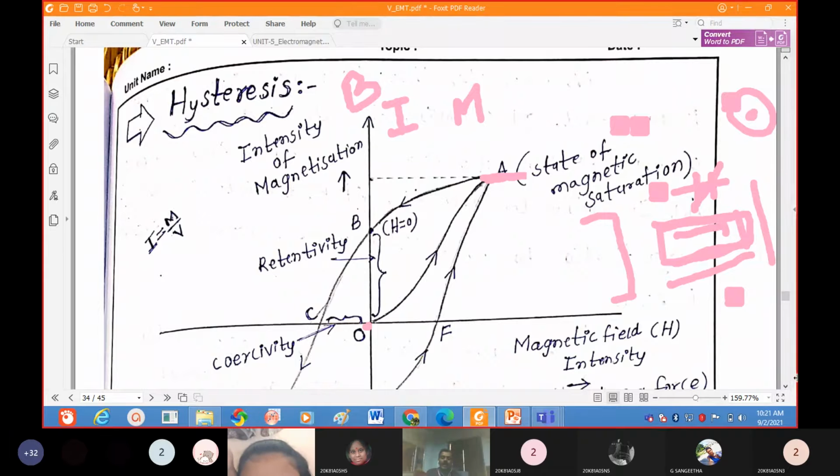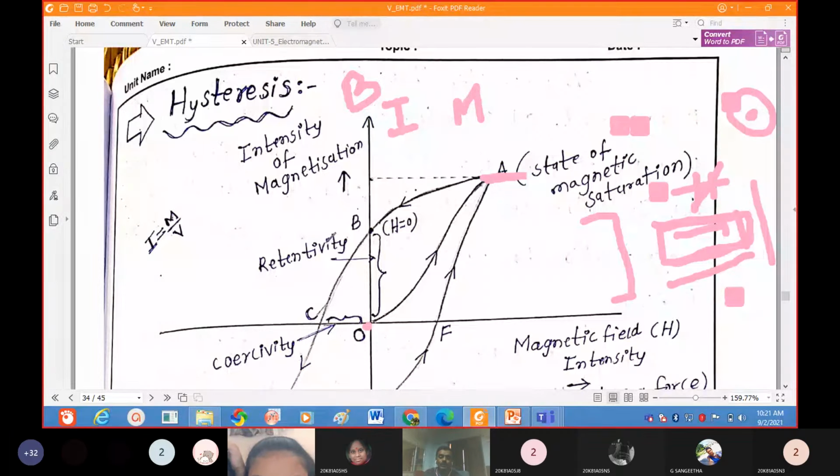That's why there is some residual magnetic field inside the bar magnet. That residual magnetic field we call retentivity.